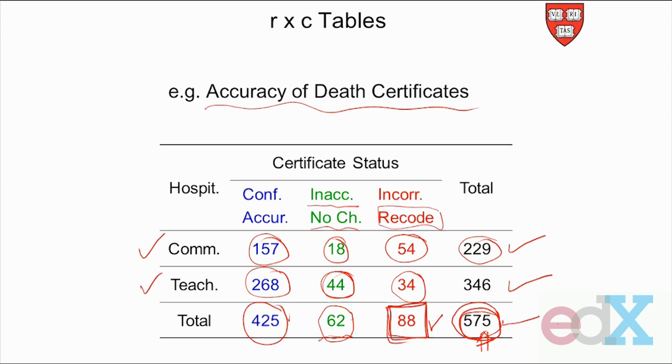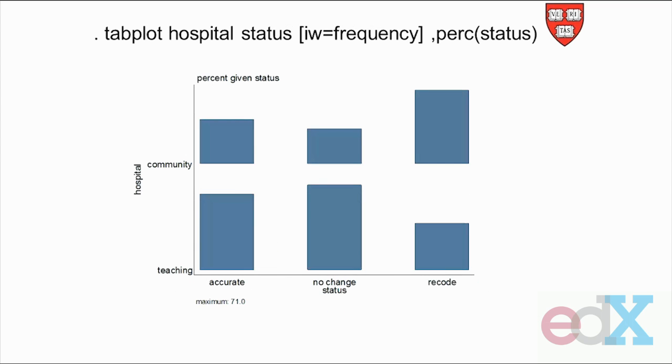Now, if we look at the tab plot for this, we could do it with the status as the percentage. So given the status, given the accurates, how does that divvy up between the teaching hospitals and the community hospitals? And we see that this is much bigger than that. This is much bigger than that, but this goes the other way.